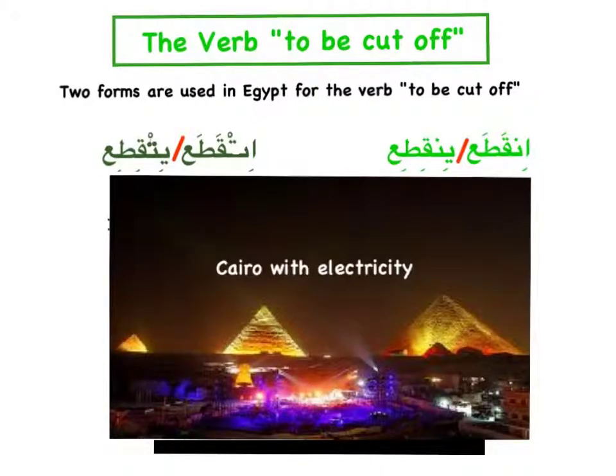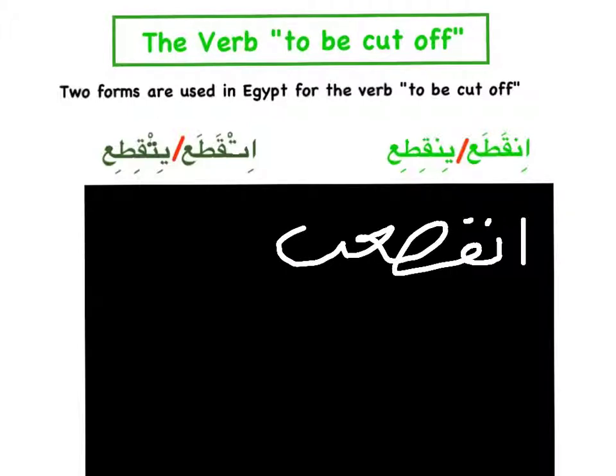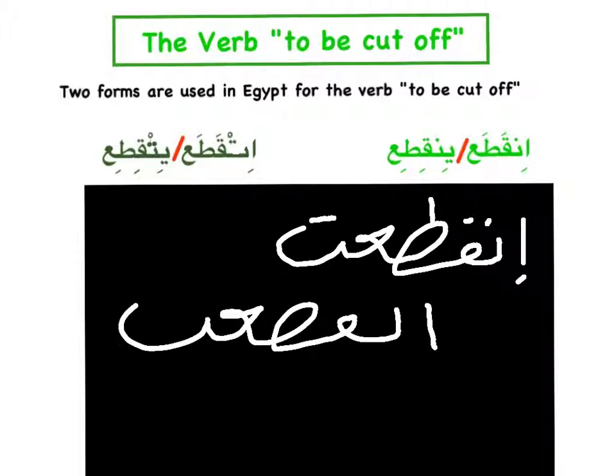For example, here you have Cairo with electricity, and then there's no electricity in Cairo, so you'd say انقطعت الكهرباء or اتقطعت الكهرباء.